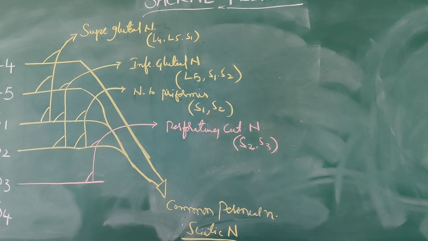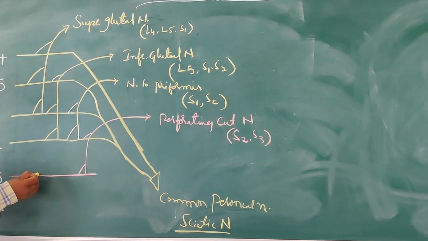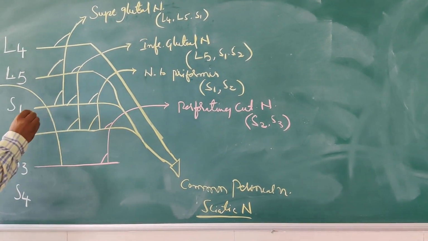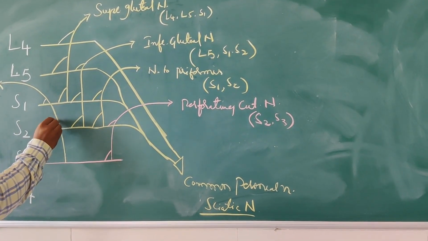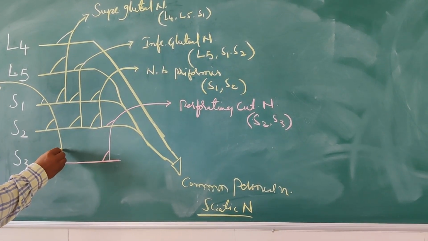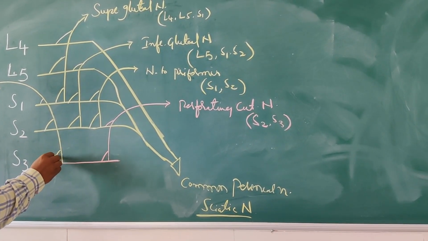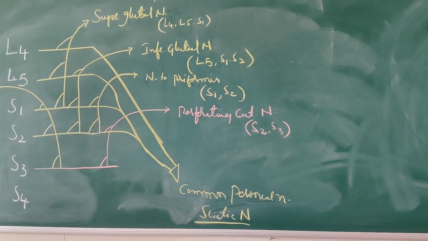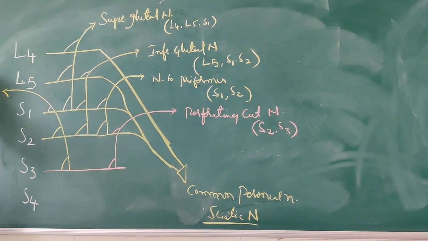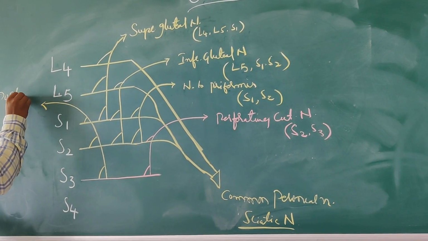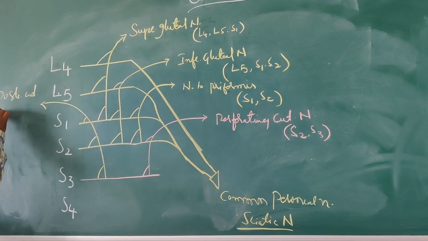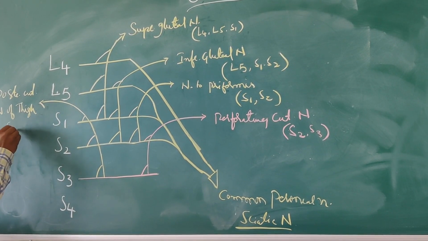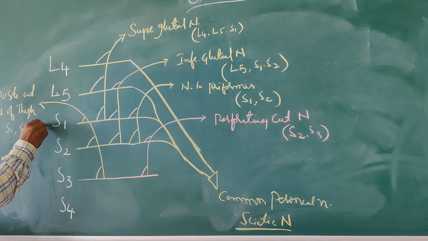The posterior cutaneous nerve of thigh arises from S1, S2 and S3. Root value is S1, S2, S3.